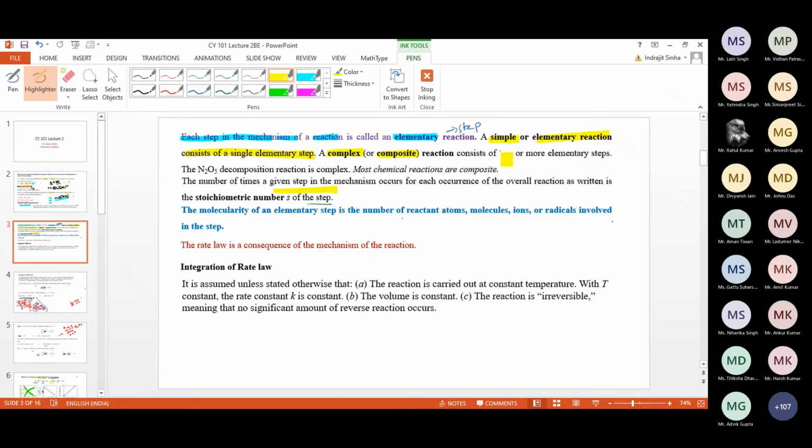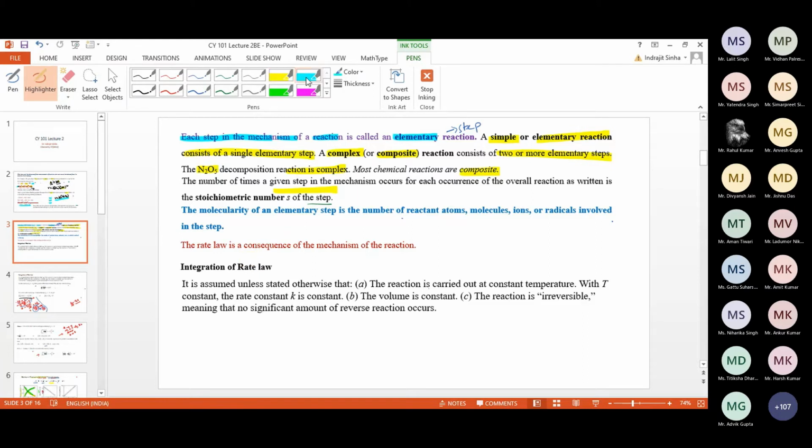Okay, so two or more elementary steps, then you say it is a complex or composite reaction. So for instance, here N2O5 decomposition is complex. Most reactions are composite, of course. Very few reactions in fact are simple elementary reactions. That is, a one step reaction is a rarity. All right.